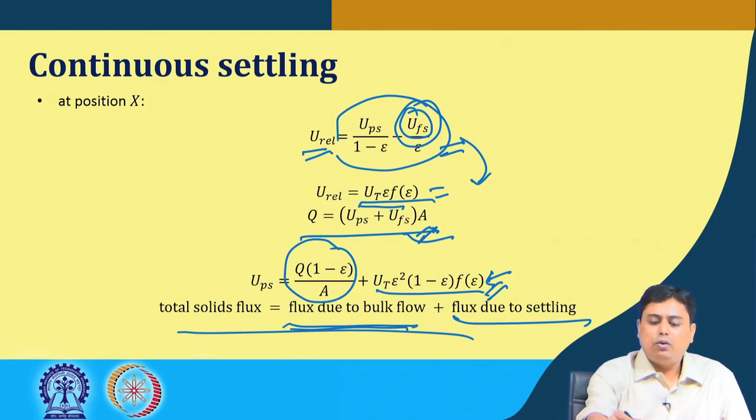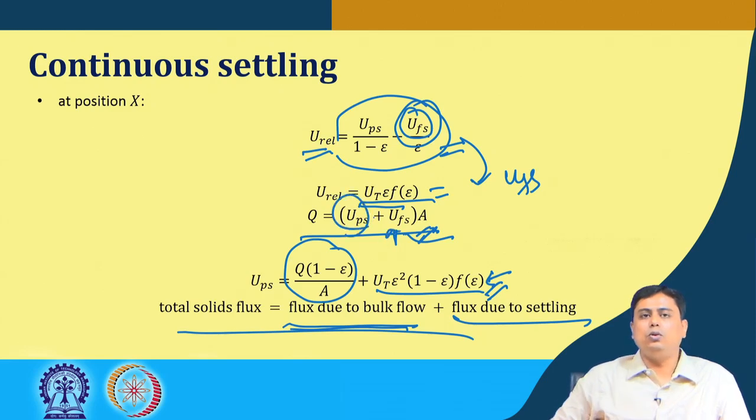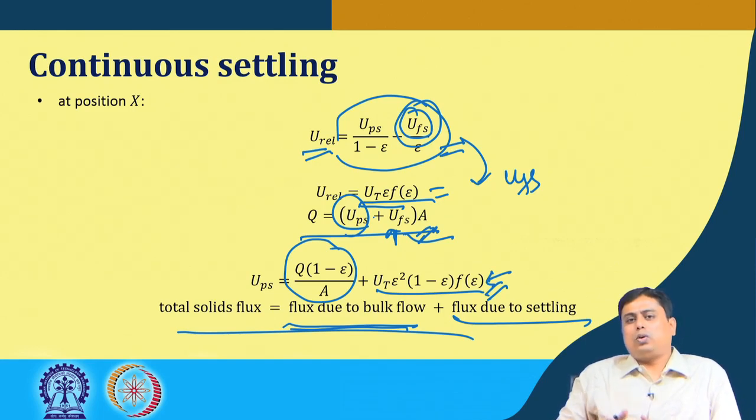So here you find an expression of UFS in terms of UT, and then you replace it here to find the expression for UPS, because that is the goal, to find the total solid flux in this operation. Total solid flux is basically the flux due to the bulk flow plus the flux due to settling. These are the two components.